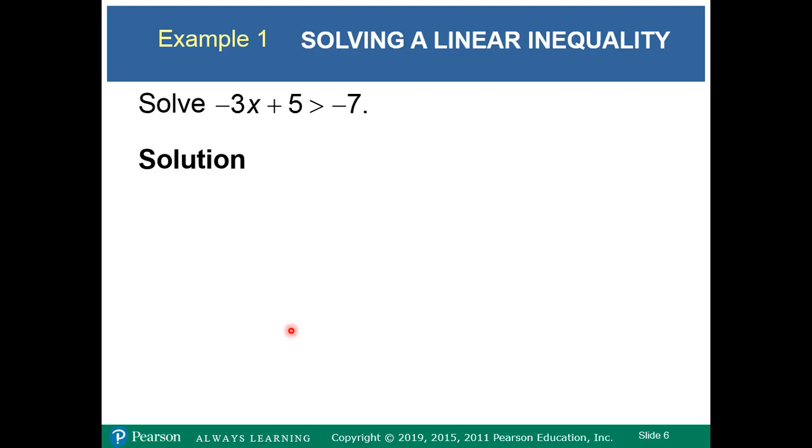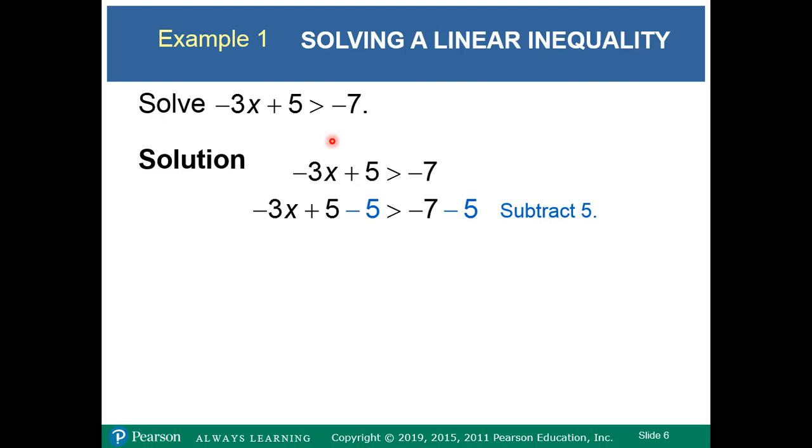Now, let's solve this. All we're going to do is solve for x, just like we would for an equation. We want to isolate the x variable on one side of the inequality and put everything else on the other side. The first thing we're going to do is subtract 5 from both sides.